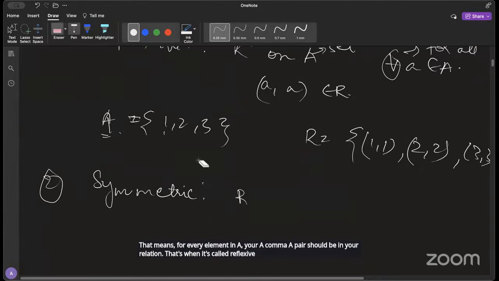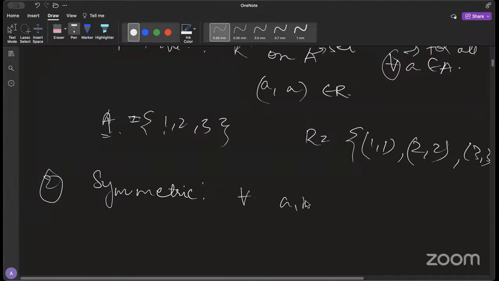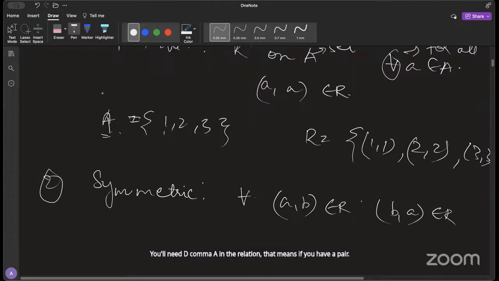For symmetric, for all (a, b) belonging to the relation, you'll need (b, a) in the relation. That means if this confuses you, you should write: if (a, b) belongs to your relation, then (b, a) should be there in the relation.